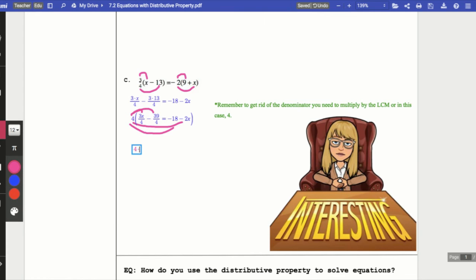I'm going to have 4 times 3x over 4, minus 4 times 39 over 4, equals negative 18 times 4, minus 2x times 4.